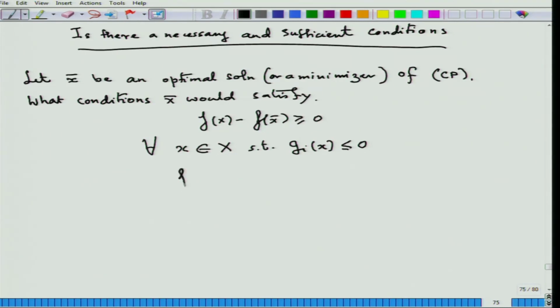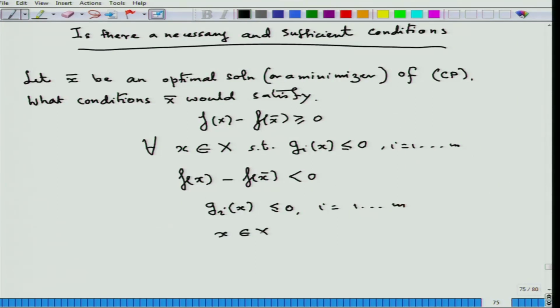So, f of x minus f x bar, if this is strictly less than 0, and you have, that is, for every x satisfying this, would happen, but any x which is satisfying this, any x which satisfies this cannot satisfy this, because x bar is a solution of the problem.